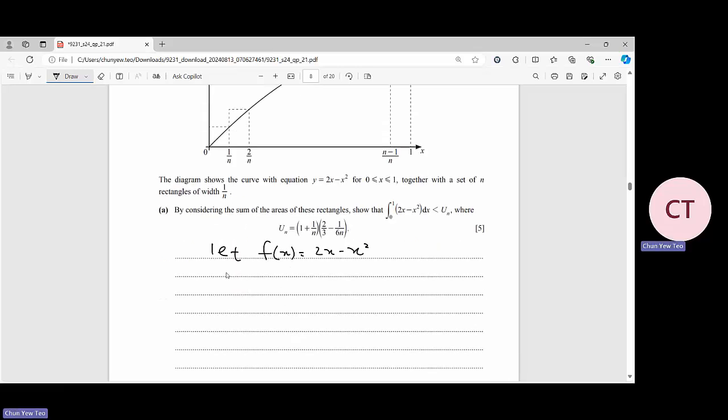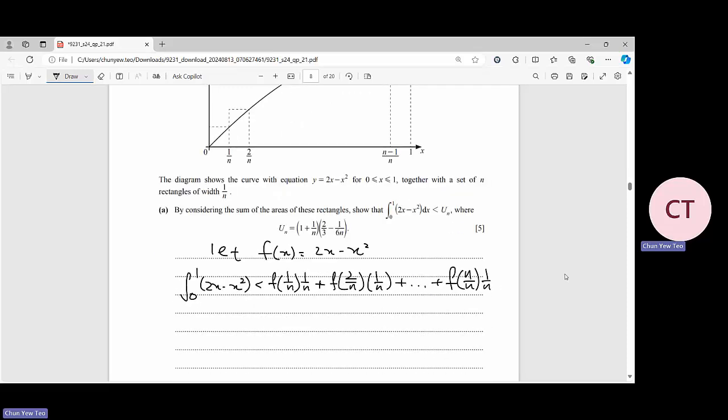Then our area under the graph, if we integrate, is actually less than f of 1 over n multiplied by 1 over n, plus f of 2 over n multiplied by 1 over n, plus until f of n over n multiplied by 1 over n.